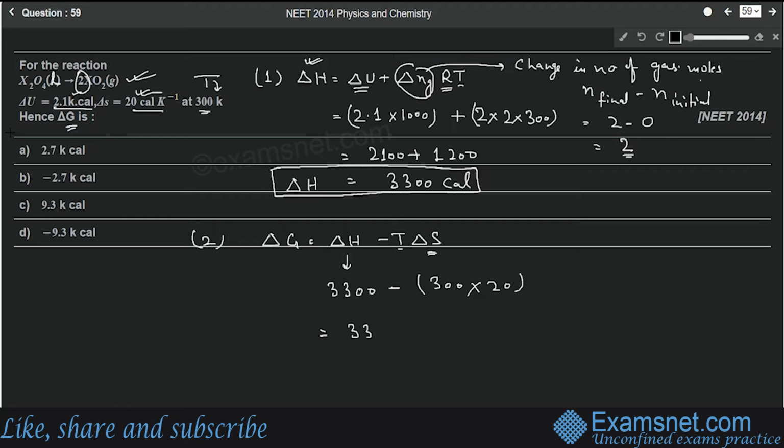So 3300 minus 6000. So if we subtract this, it will be in minus, right? Minus 2700, and the unit will be calorie. So here in the options, kilocalorie is given. So we can write it as minus 2.7 kilocalorie. Okay, by dividing it by 1000. So minus 2.7 kilocalorie will be the correct answer. That means option B will be the correct answer.